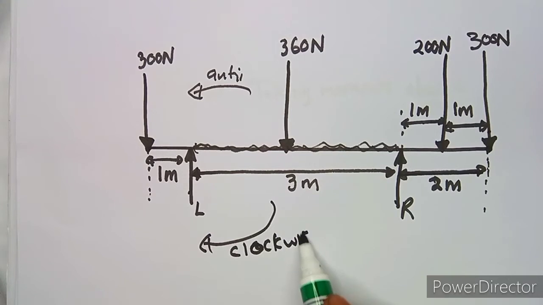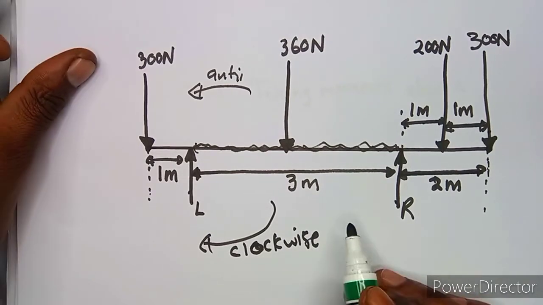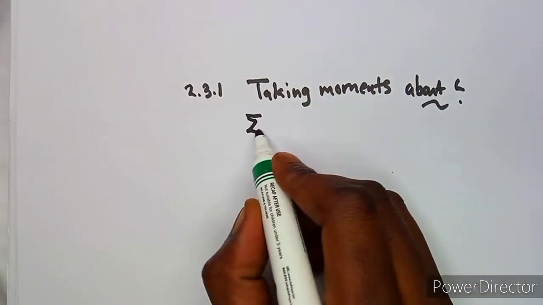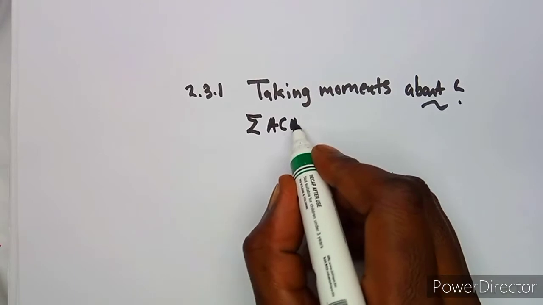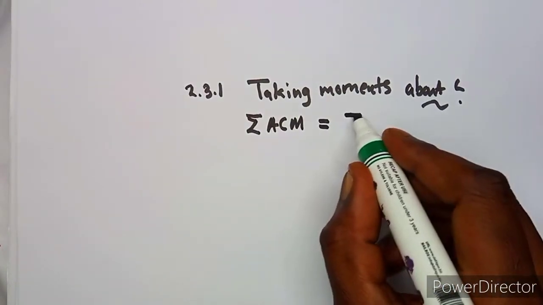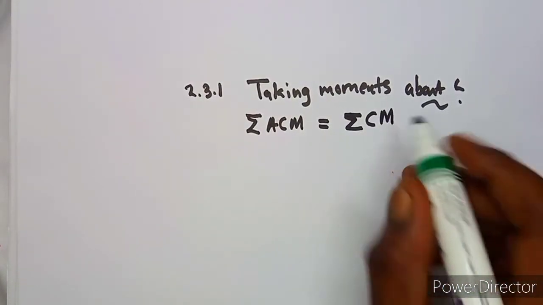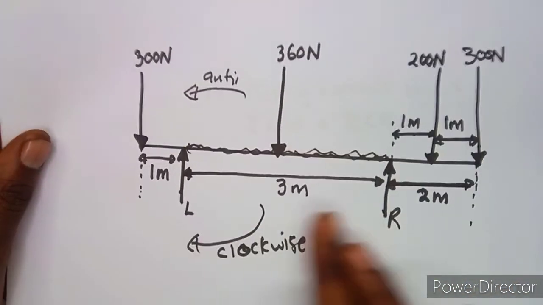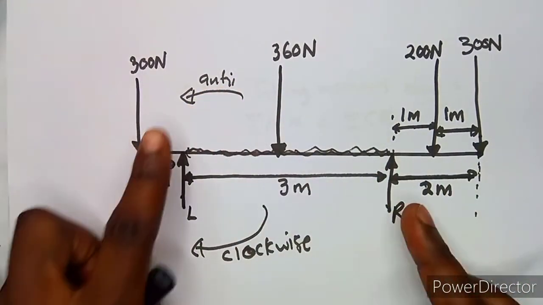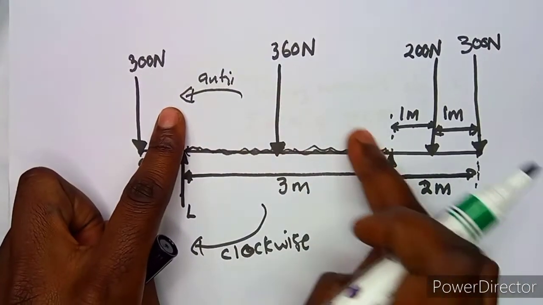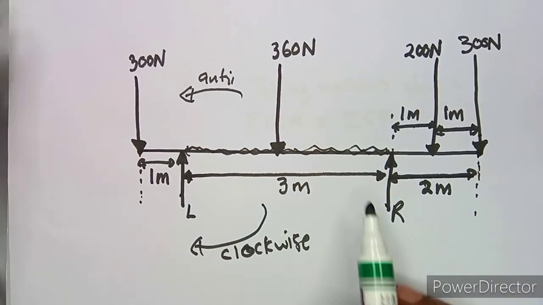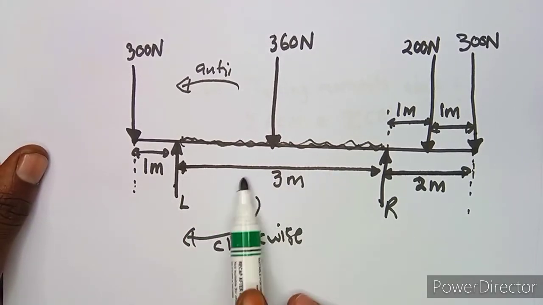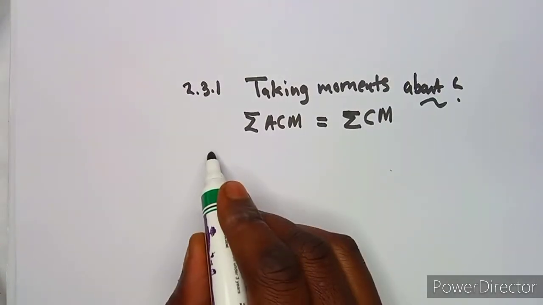So since R is moving in anti-clockwise, I'm just going to use my formula: sum of the anti-clockwise moments is equal to the sum of the clockwise moments, or you can just use this is equal to this, whichever way you want. Since R is going anti-clockwise, which distance do we have from R back to L? As you can see, we've got a distance of 3 meters. So it's 3 times R there.